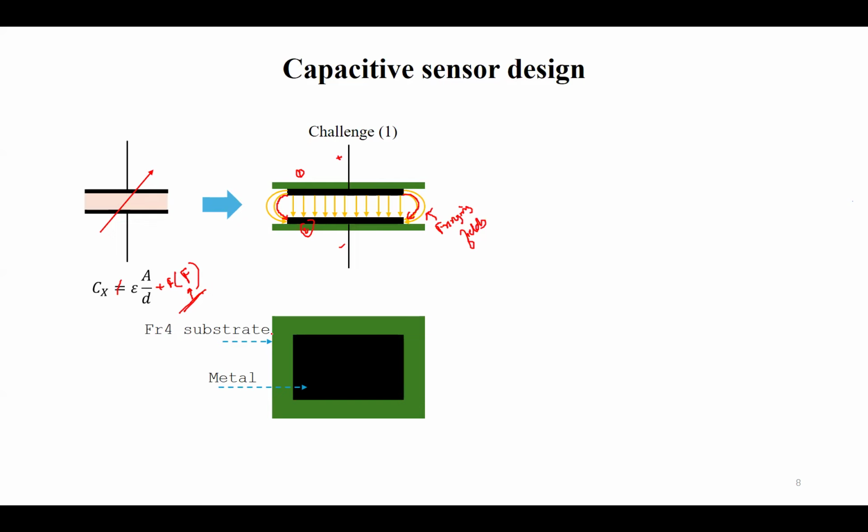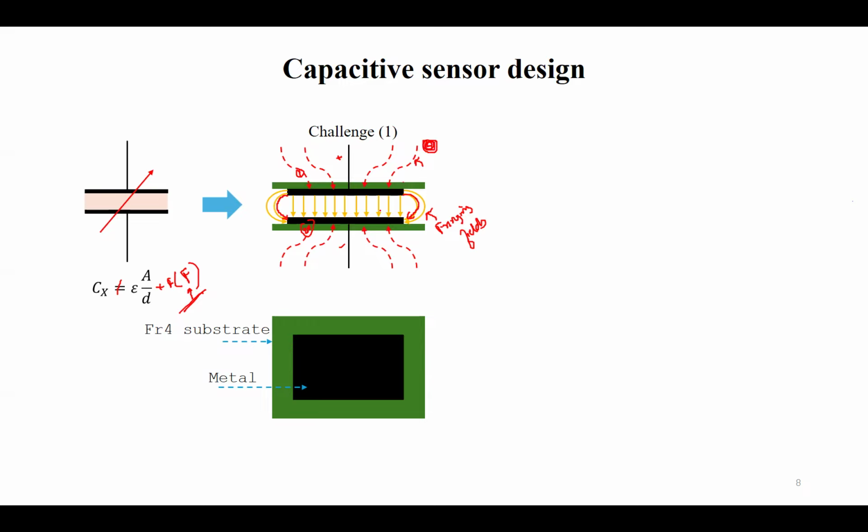Now, apart from this, when we see the real environment, there will be plenty of other effects coming from the outside world. For example, there will be interference signals coming from outside, from trees or any other system. Or maybe if I bring my hand near to this plate, what happens?